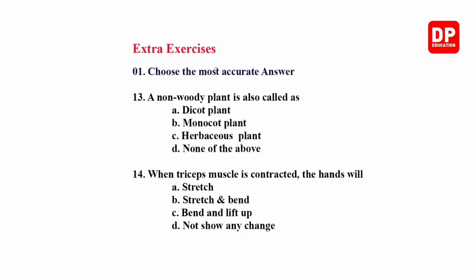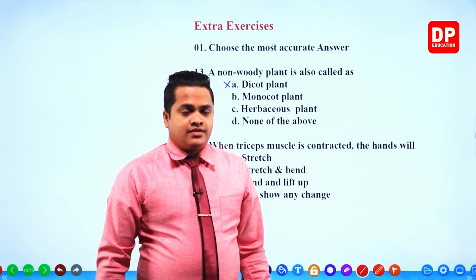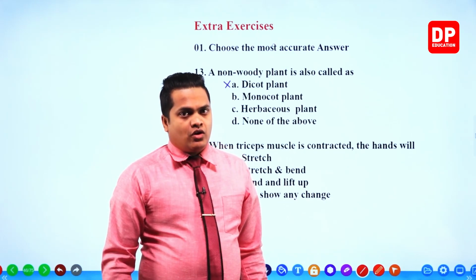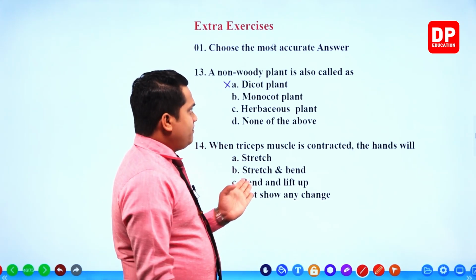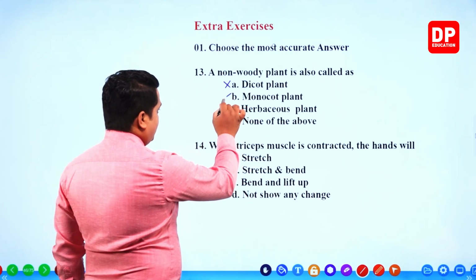A non-woody plant is also called as dicot plant. Incorrect. Dicot plant means it has two cotyledons or it has two seed lobes. If it has two seed lobes, then it is called as a dicot plant. So, non-woody plant is not called as a dicot plant or else a monocot plant.